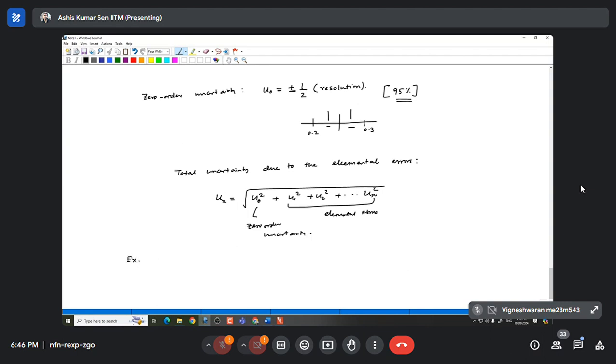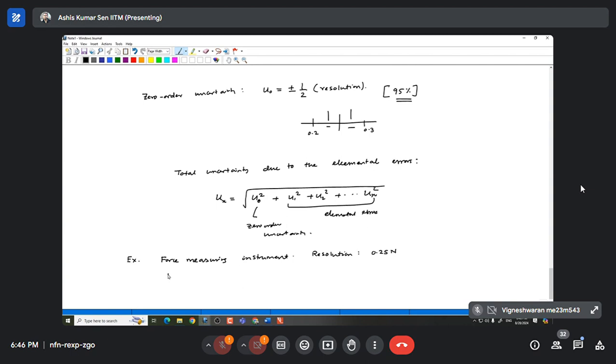Let's say we have a force measuring instrument. And the resolution of the instrument is 0.25 Newton. The resolution is specified as 0.25 Newton. And when you bought this instrument, there is also a data sheet along with resolution.